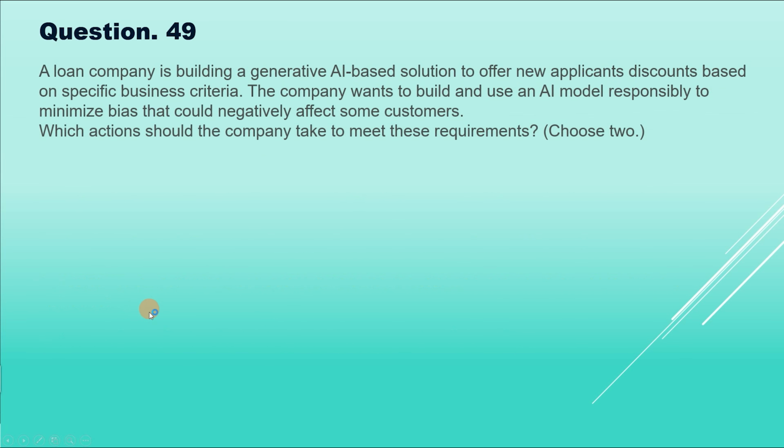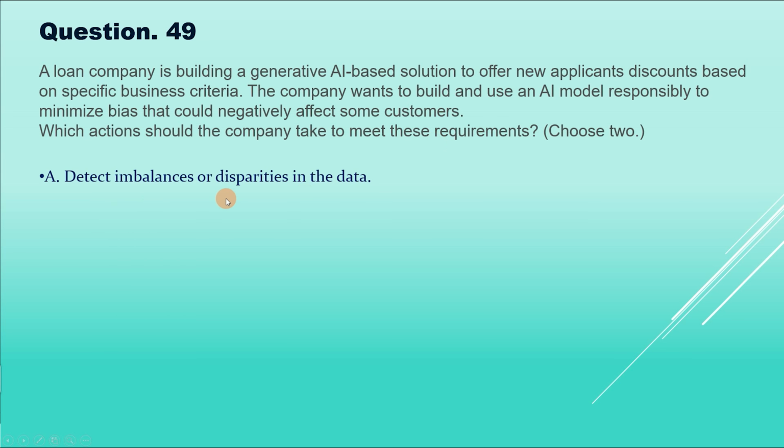Now question number 49. A loan company is building a generative AI based solution to offer new applicants discounts based on specific business criteria. The company wants to build and use an AI model responsibly to minimize bias that could negatively affect some customers. Which action should the company take to meet this requirement? Here are the options.